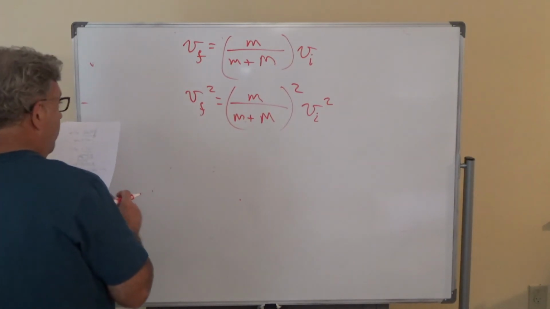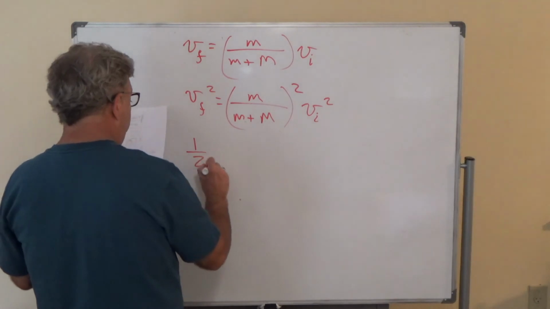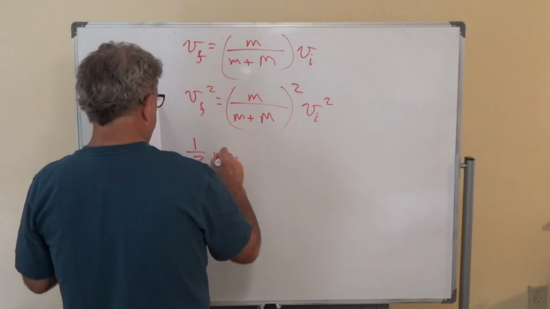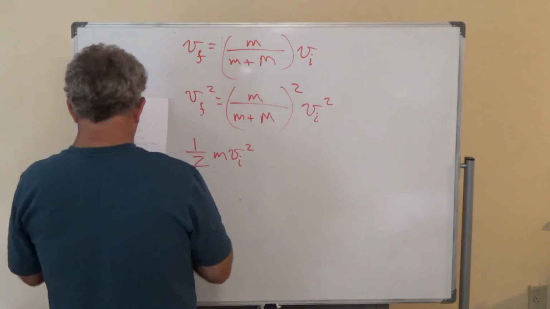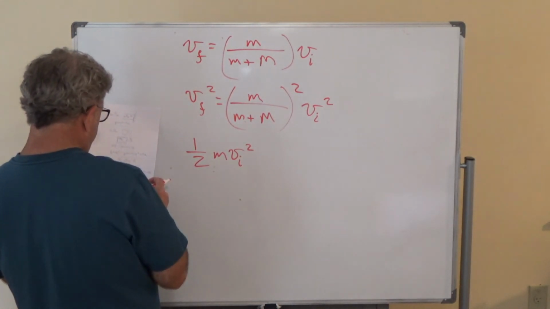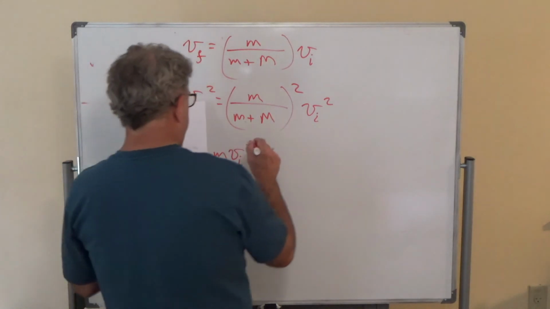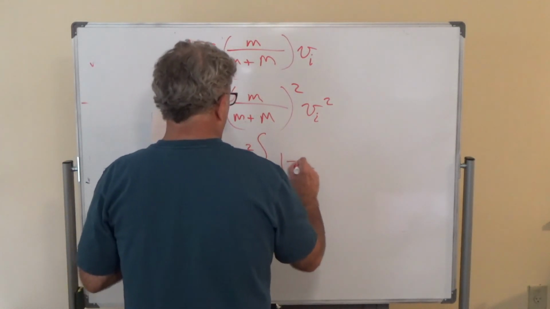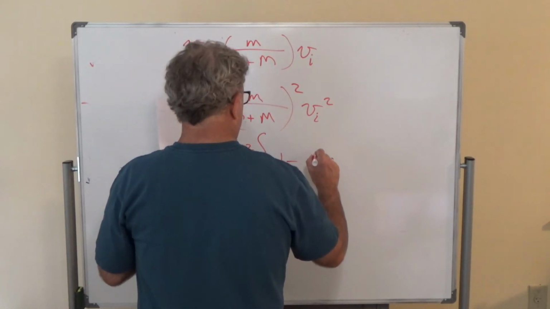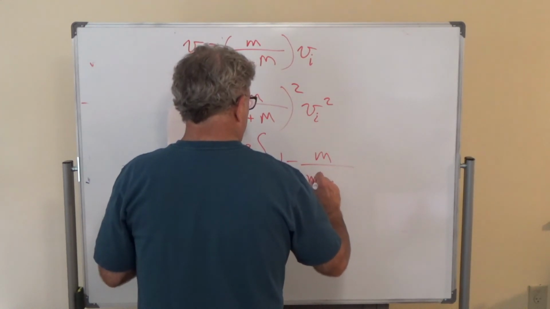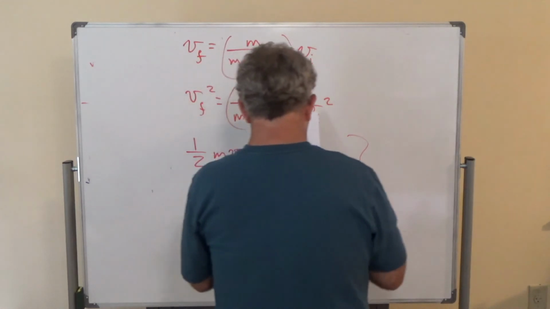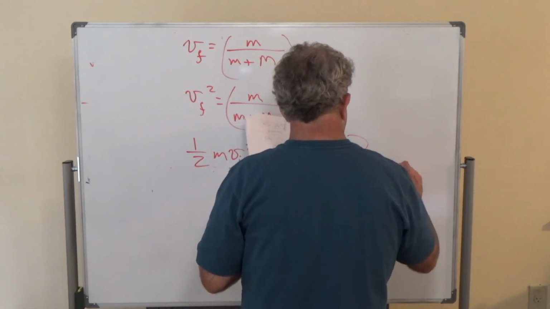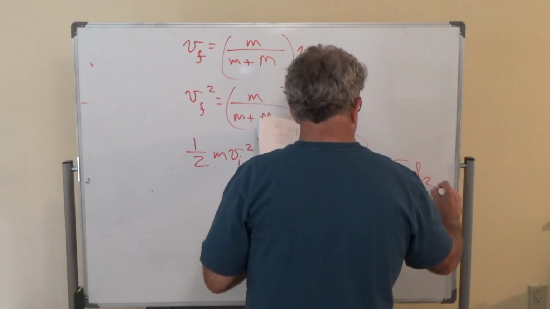and you get 1/2. I know this is on the homework help from the YouTube video, but that's okay. 1/2 m V initial squared times 1 minus little m over little m plus big M is equal to F D2.